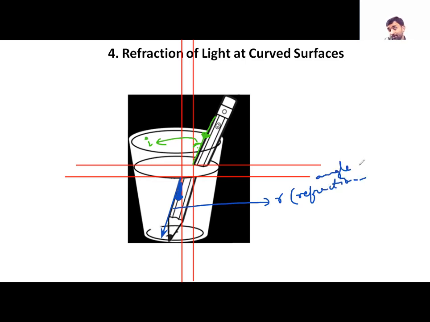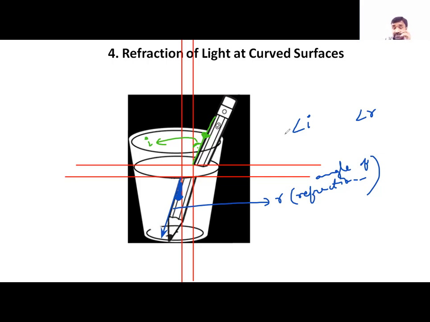Now compare the angle of incidence and the angle of refraction. Are they equal? Answer me. They are not equal because the pencil is bending.